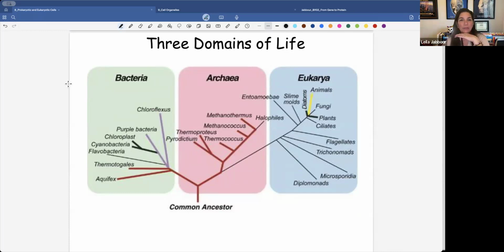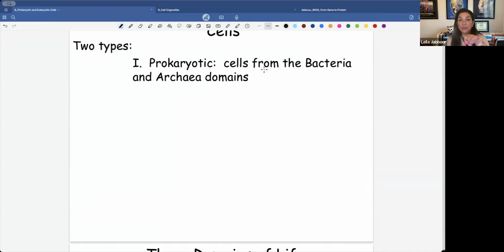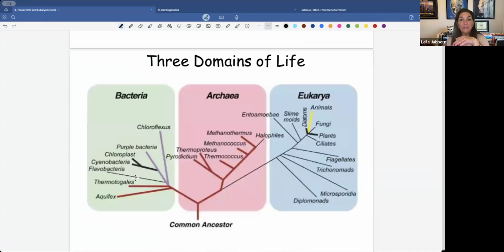Okay. So 3 domains: bacteria, archaea, and eukarya. Those are the 3 domains of life. Prokaryotic cells are cells from the bacteria and archaea domains. So all of these cells, which we don't really discuss in detail, are prokaryotic cells.